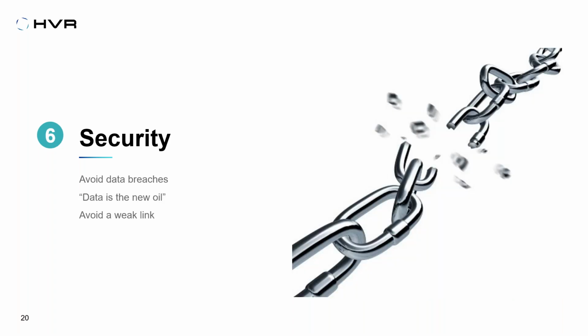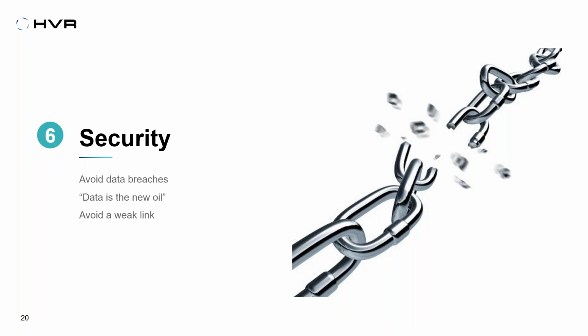And then last, but by no means least, worry about security. Ensure that your data is secure, because by all means you want to avoid any data breaches. Several years ago, somebody coined the term data is the new oil, and lots of organizations have embraced that concept, in that data is the new way to differentiate.